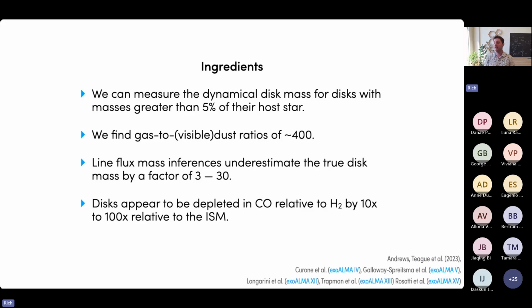That's higher than the 100, likely because of continuum optical depth. And we see there's a variation in the masses that we would infer based on the CO and N2H+ method relative to our dynamical one. However, we think that can be calibrated with a better handling of the ionization structure. And finally, we see that CO is depleted relative to the ISM by a factor of 10 to 100, and that's consistent with previous results.